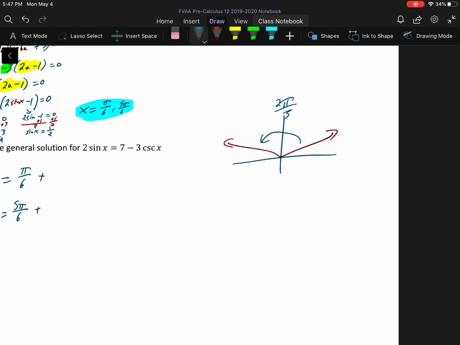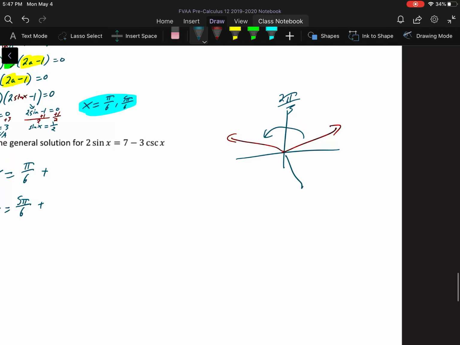So it would seem like I can go up by 2 pi over 3 times n, but that's not the case, because your next solution would be over here somewhere, and this is not a solution, okay?